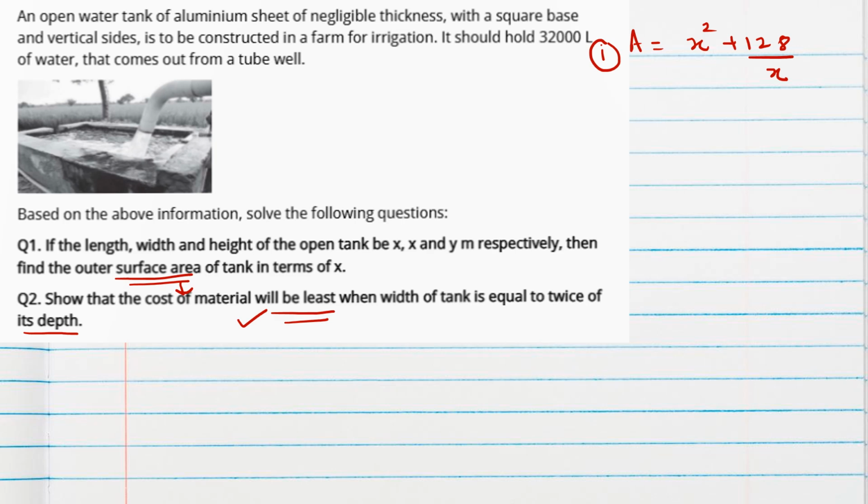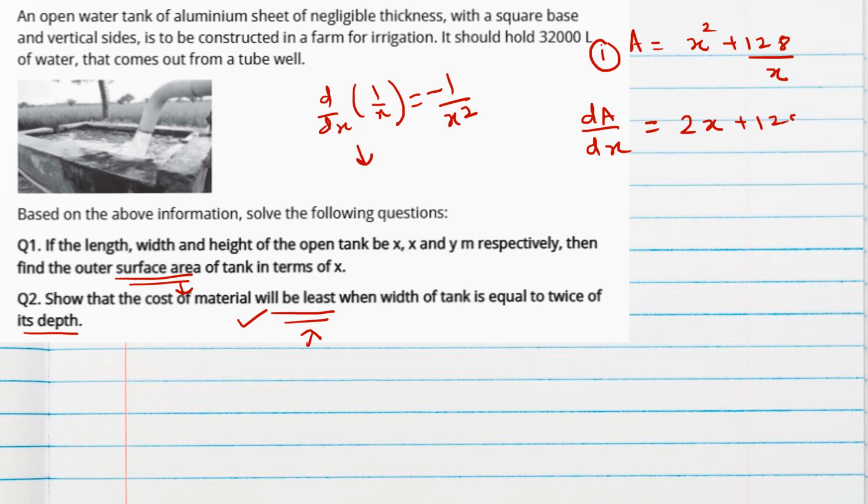So what we will do: this is our function which needs to be differentiated with respect to x, and then we will find the double order derivative of this just to check whether the surface area is least or not. So dA by dx we can find: x square derivative is 2x, and the derivative of 1 by x, as you know already, will be minus 1 by x square based on the power rule.